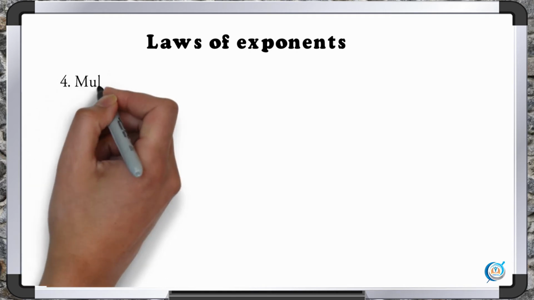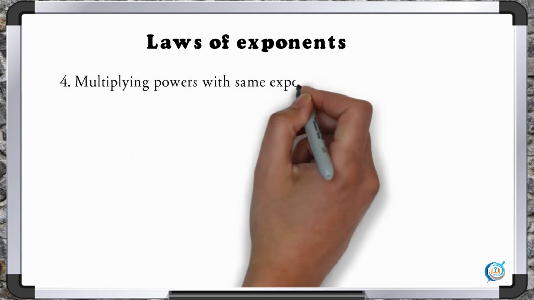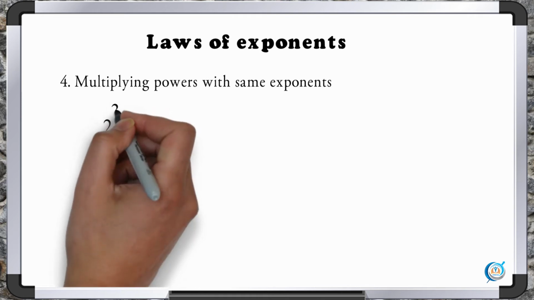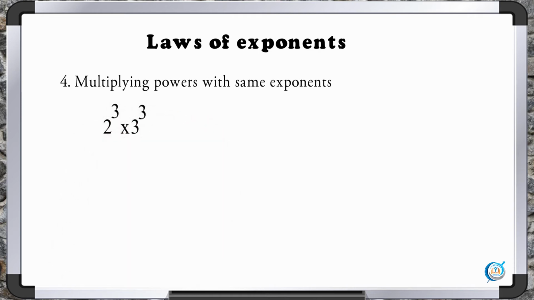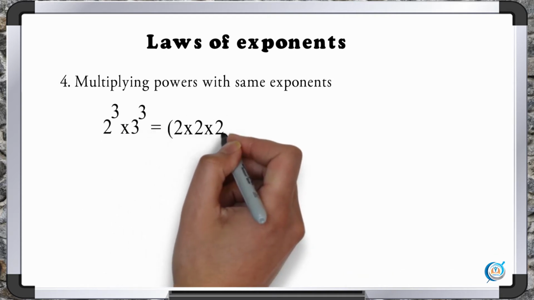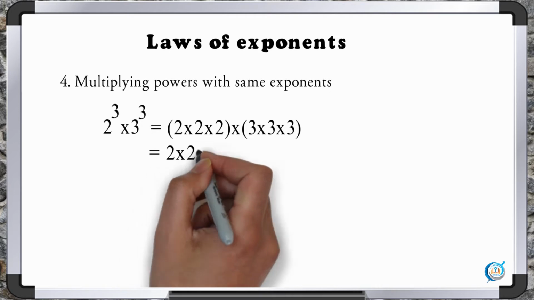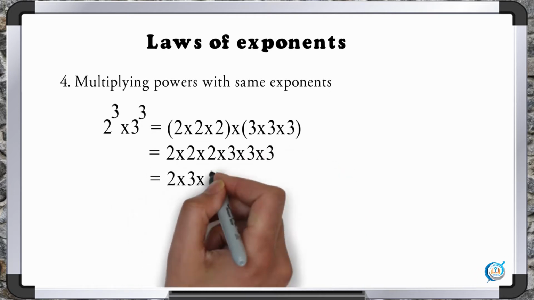Fourth one, multiplying powers with the same exponents. Here the bases are different but the powers are the same. We will see 2 power 3 into 3 power 3. 2 power 3 is multiplying 2 three times and 3 power 3 is multiplying 3 three times. So 2 into 2 into 2 into 3 into 3 into 3.